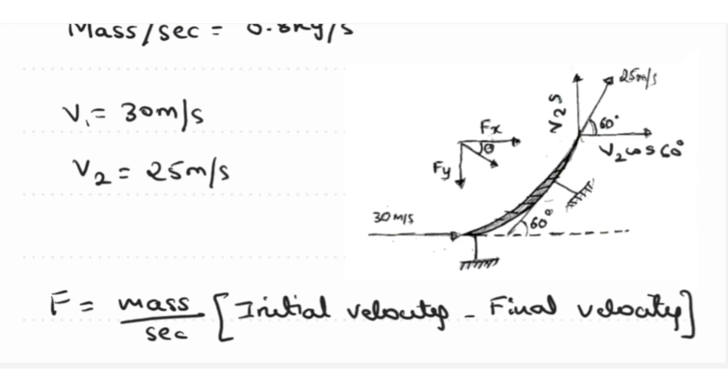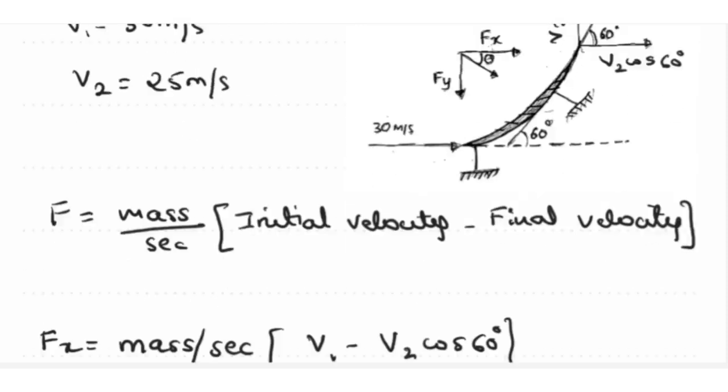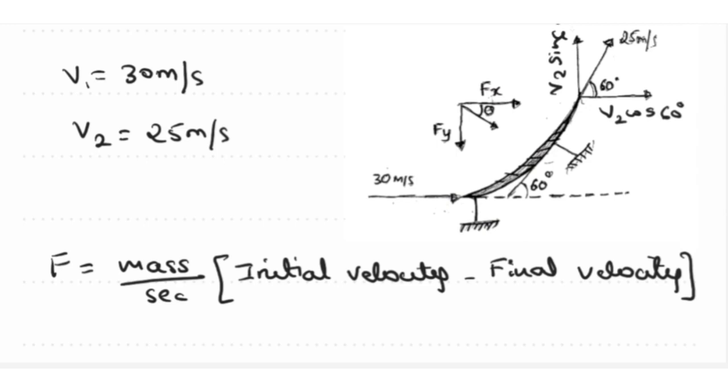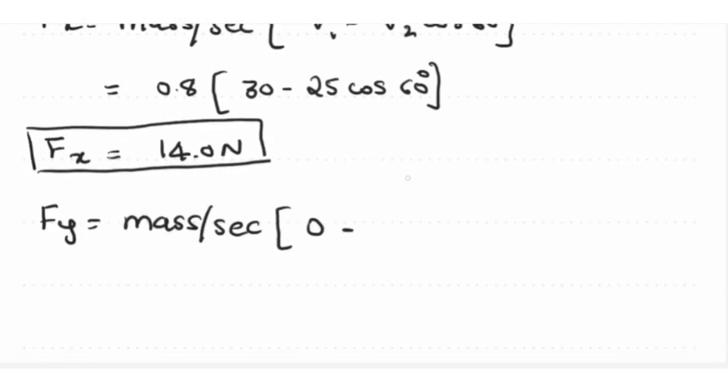So V2 sine of 60 degree in the y direction. So that is minus plus V2 sine 60 degree.